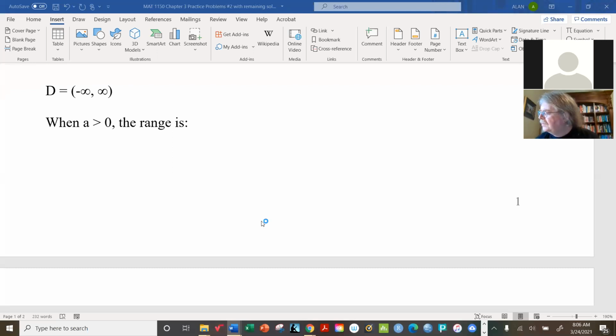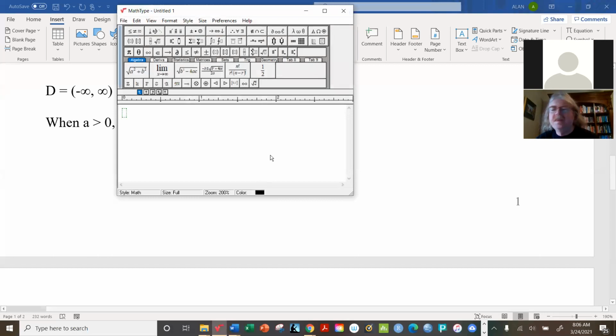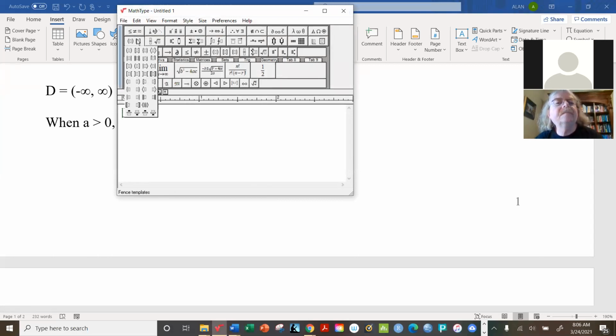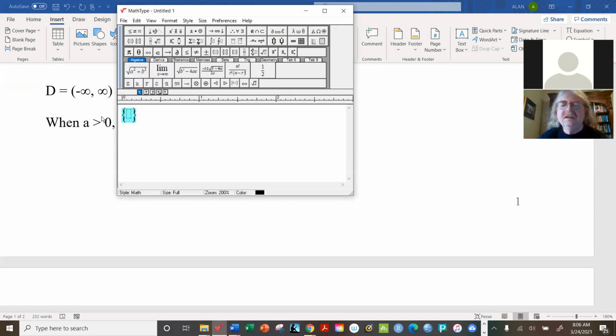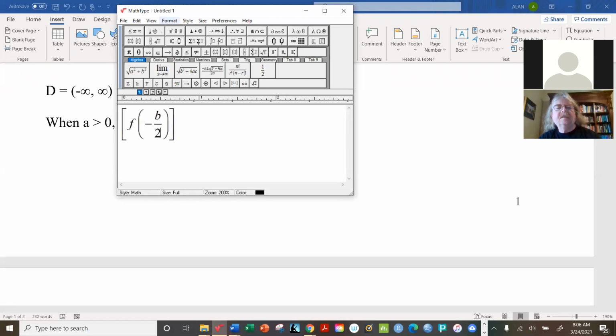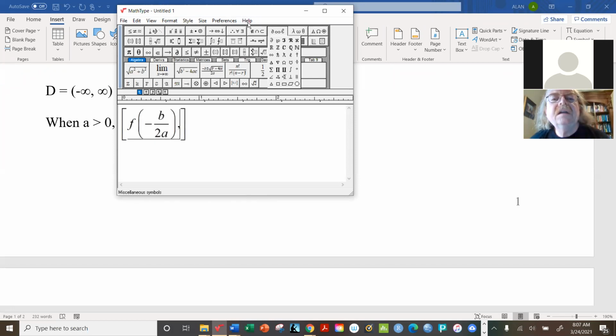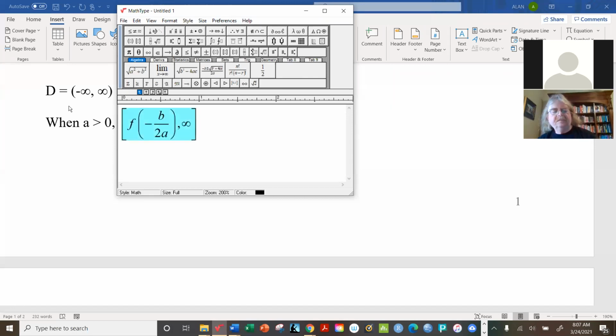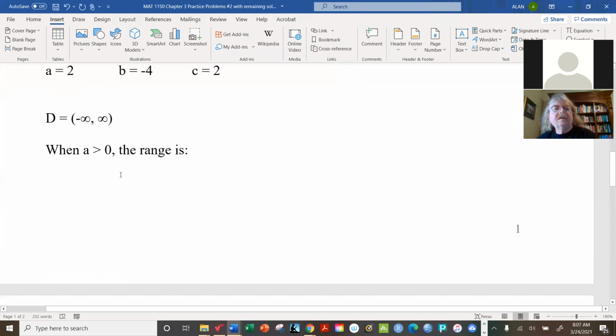In the case of A is positive, the formula becomes: square brackets, f of negative b over 2a, comma, infinity. So that's the formula for positive A.